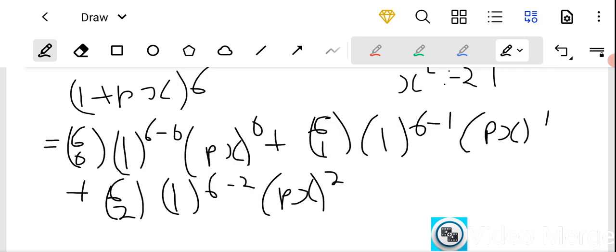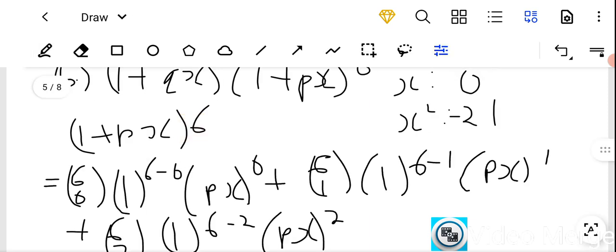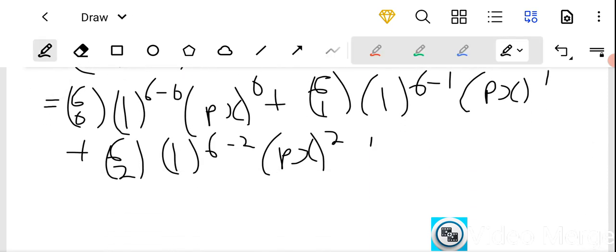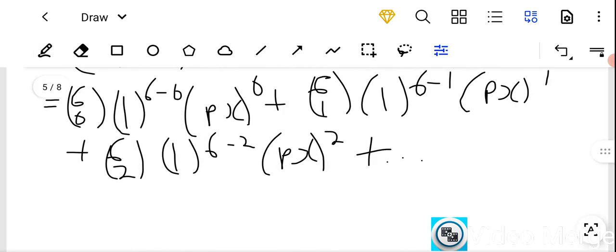The binomial keeps on going until we reach the power 6, which is the nth power there. Okay, but we're not supposed to go that far, so we'll say and so on. Alright, 6 combination 0. How many times can you choose 0 items? There's only one time.